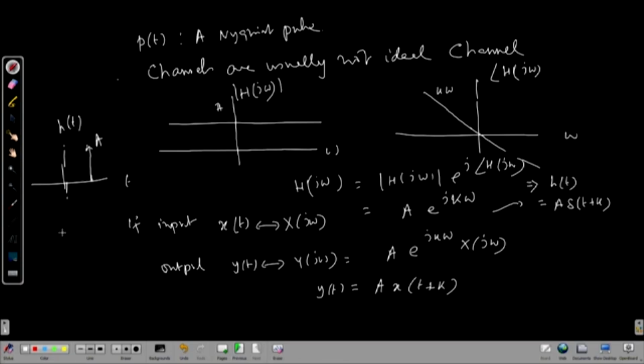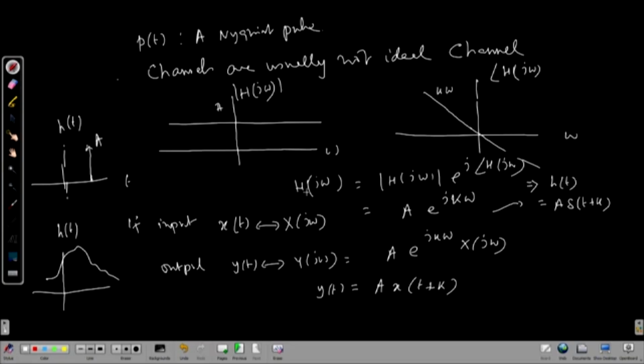but this does not happen in practice. Rather, h t will be some waveform like this. So, convolution of this with x t will distort your x t heavily. It will no longer have the same shape as x t.